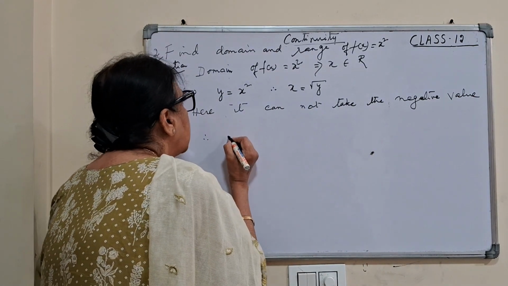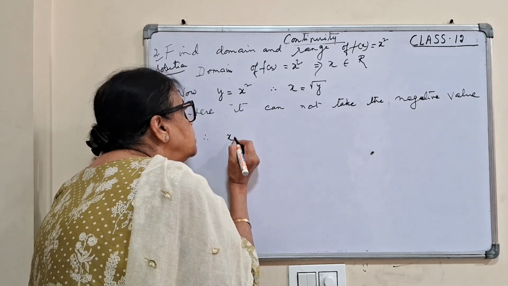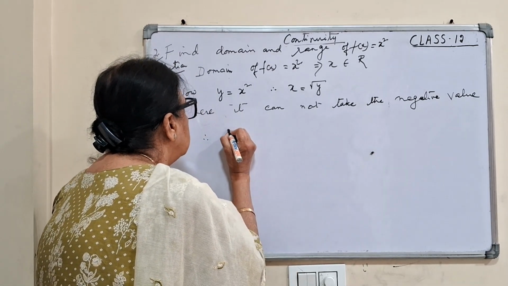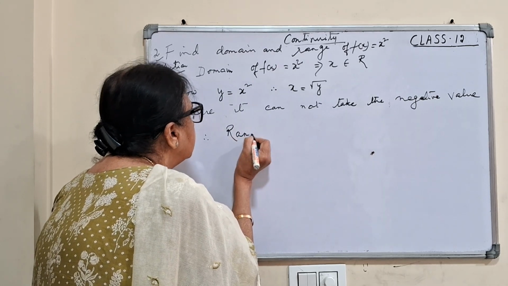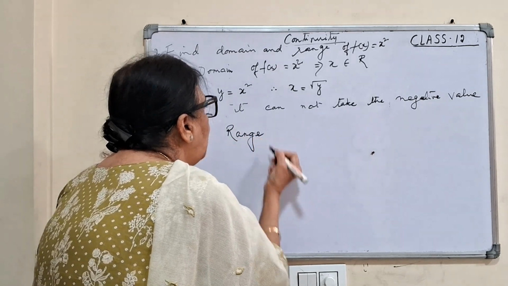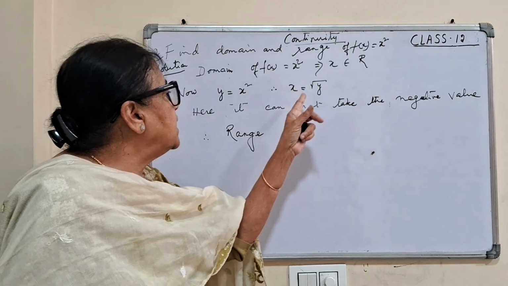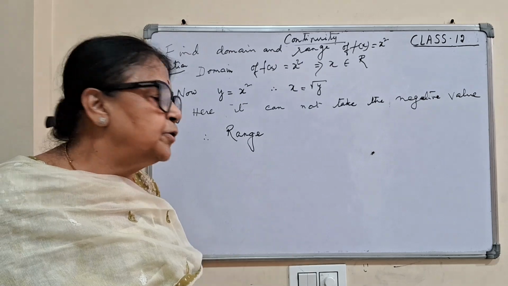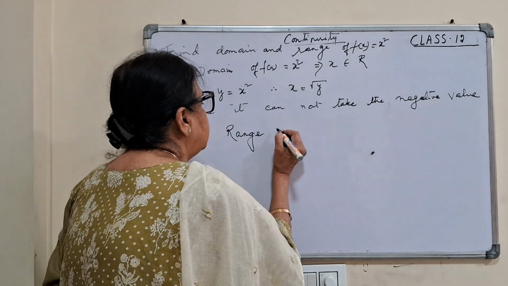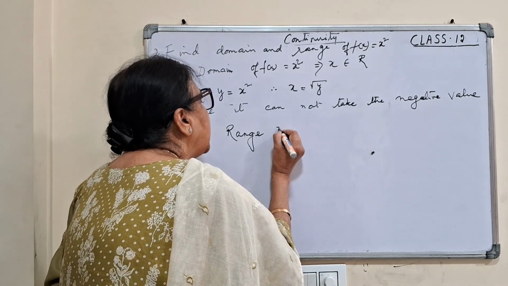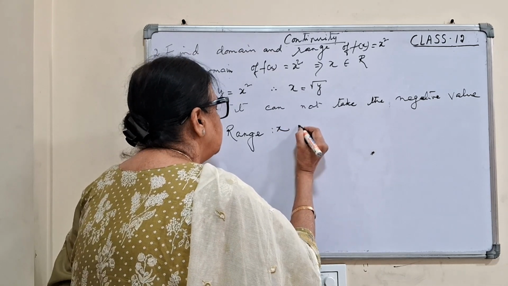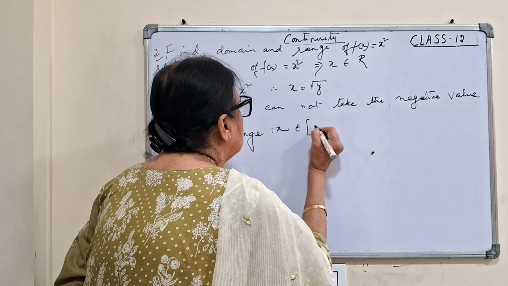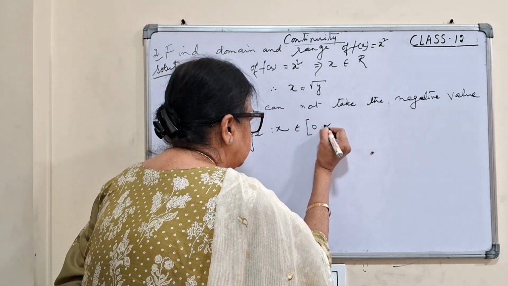So the range belongs to, what can it take? It can start from 0 to infinity. The range says that y belongs to [0, infinity).